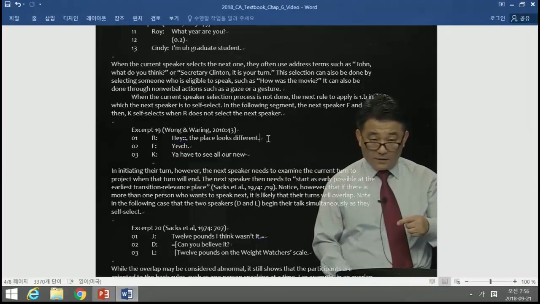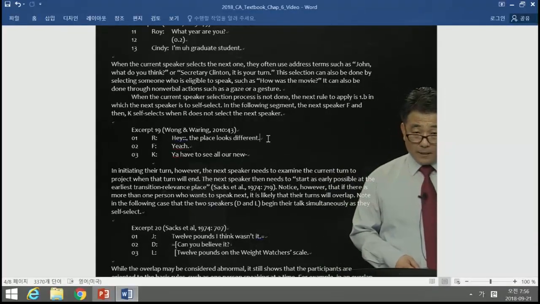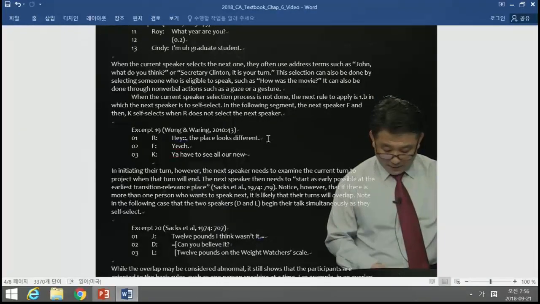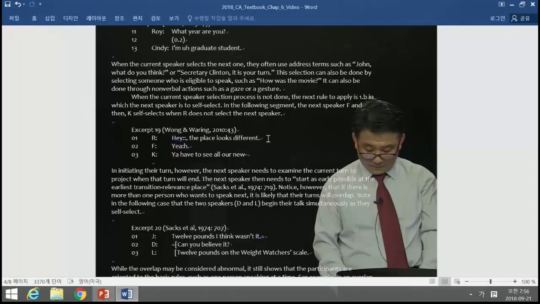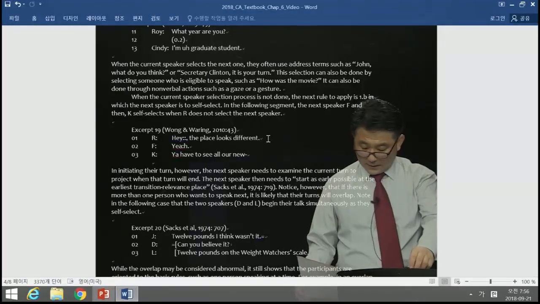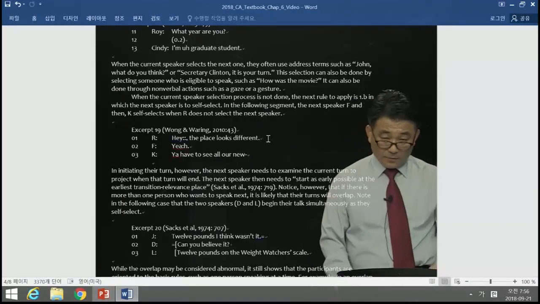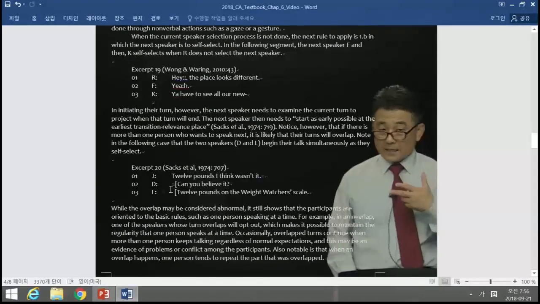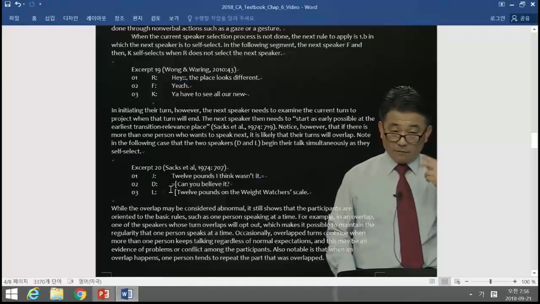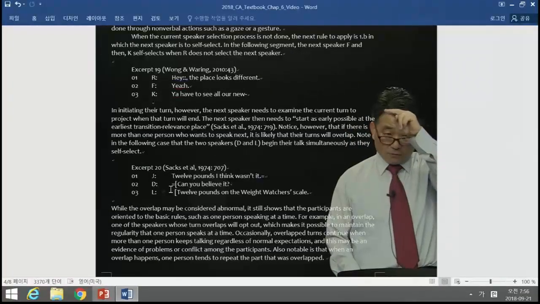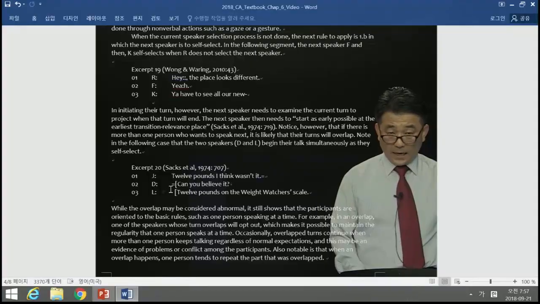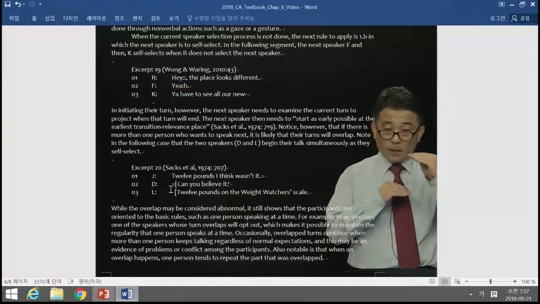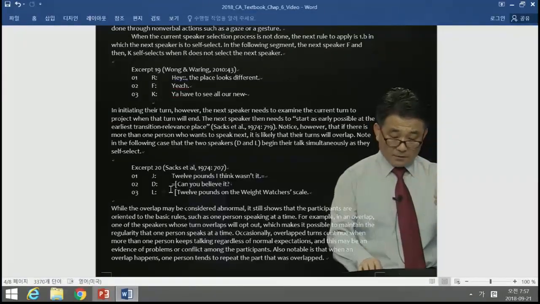So that's the case of Rule 1B, because A didn't happen, so participants go into B, and so on. Excerpt 20 is interesting. There's an overlap, and you can certainly explain why this is the case if you understand how this rule applies, and also if you understand projectable completion, how people anticipate the end of the turn.